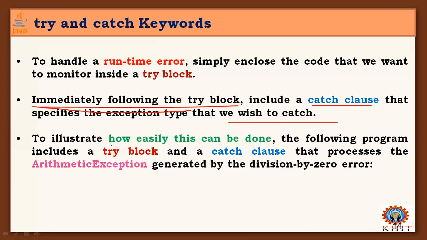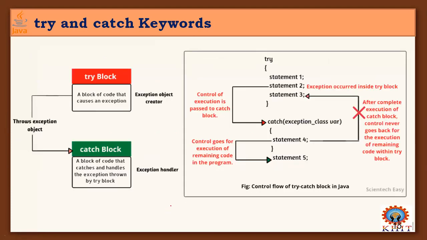To illustrate how easily this can be done, simply take a simple program with this try block and catch clause, and handle the exception called arithmetic exception generated by a divide by zero error. Before going to that, I need to mention one more important point about try and catch blocks.